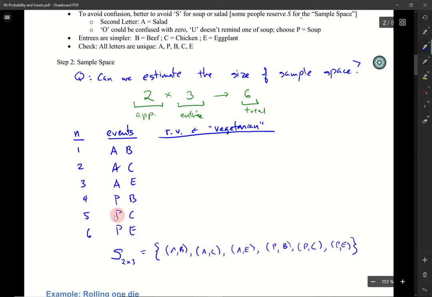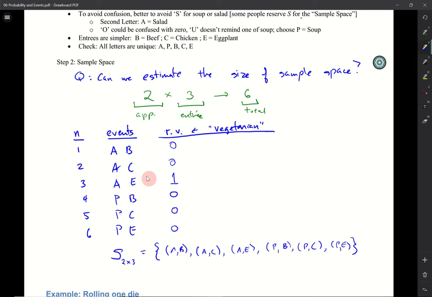So anything with beef is kind of out, right? With the soup is kind of out. So here, beef, that's not vegetarian. Chicken, that's not vegetarian, but eggplant, right? So this function, this random variable, assigns 0 to almost everything, and it assigns 1 to the combinations that would be vegetarian. So it is a random variable, one of the many possible random variables that we could define on this, right?